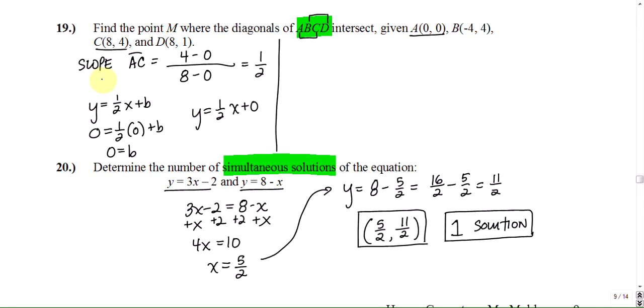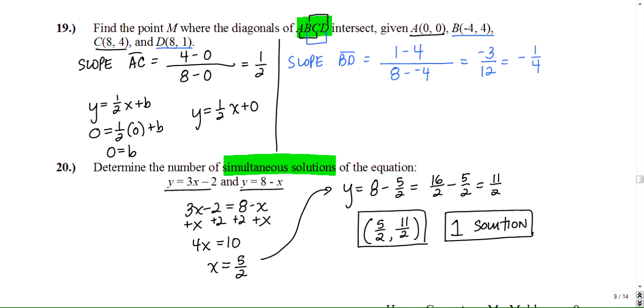Maybe you're kind of understanding where I'm going with this. I'm now going to write the equation of the diagonal BD using points B and D, and I'll do this one in blue. This one's maybe not going to be quite as easy because this one does not have the origin as one of its points. So there's the slope of that diagonal.